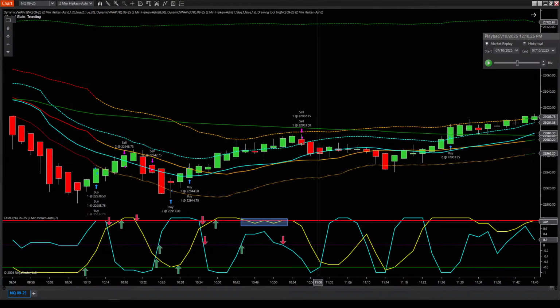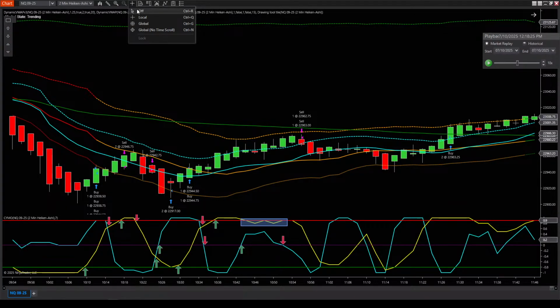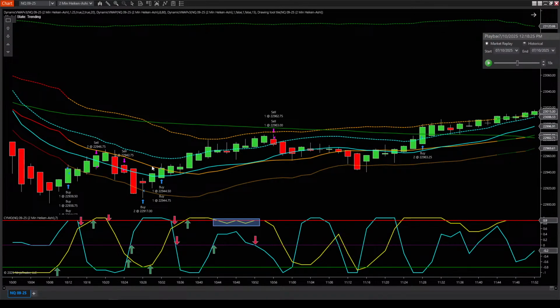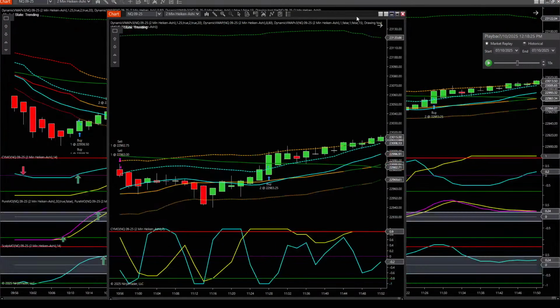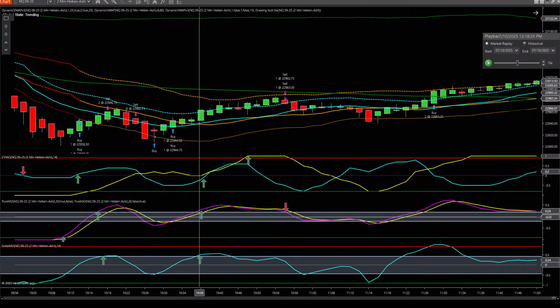The moment that you spotted that right here at 10:38 in the morning, the right process is to switch over to your trend chart to see if this is the early onset of a trend right there. And so, yeah, the trend chart did confirm that it was the early onset of a trend right there, right there at the bottom. But was it a strong trend? No, it just kind of fizzled out right there, and that was the end of it.